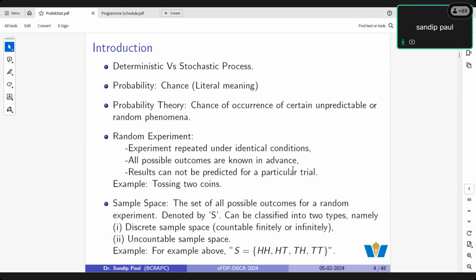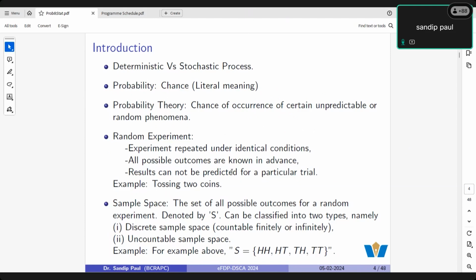But we can guess the possible result. It can be head or tail. So here the concept of random experiment comes in the picture. If we consider the random experiment, we always try to know what the possible outcomes are. If we toss a single coin, there are two possibilities, either head or tail.